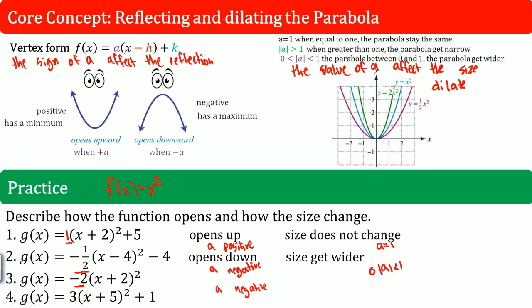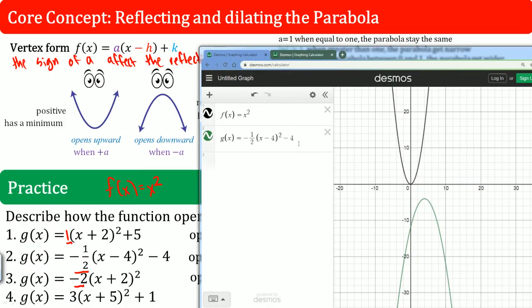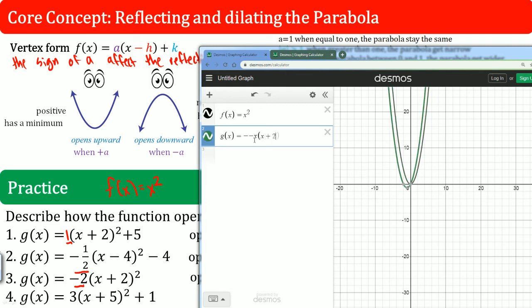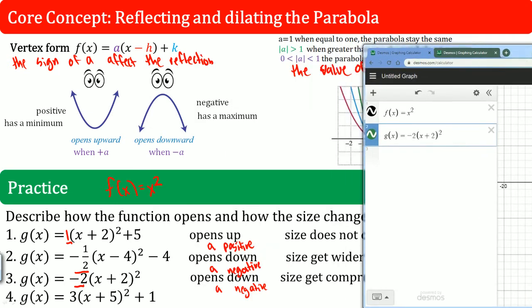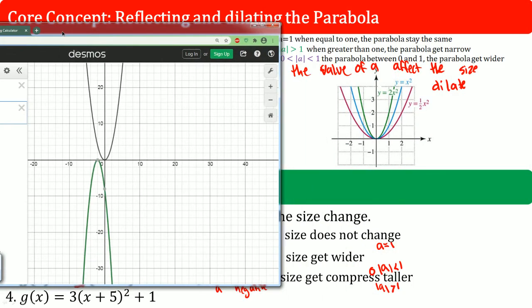And a is bigger than 1 in size, so it should get narrower. Let's graph it to double check. Negative 2 (x + 2) to the power of 2. Oh yes, it did open down, and the graph did get taller.